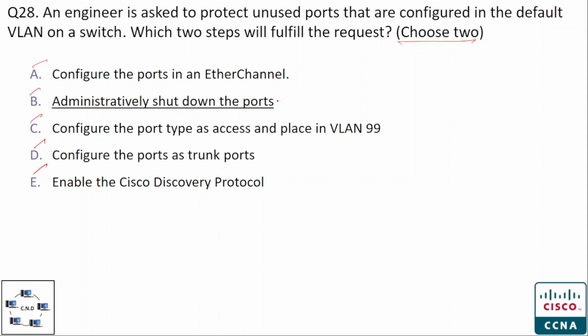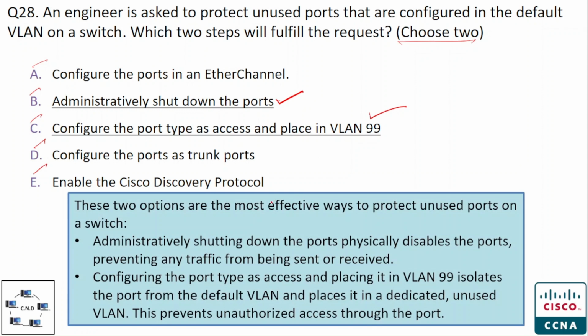that the unused ports should be administratively shut down and they should be configured in the port type as access and placed in a VLAN such as VLAN 99. These two options are the most effective way to protect unused ports on a switch.